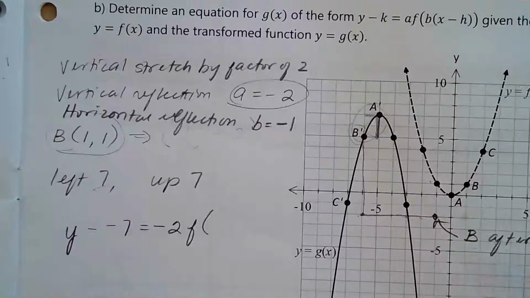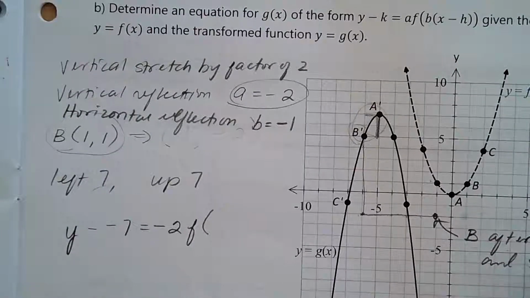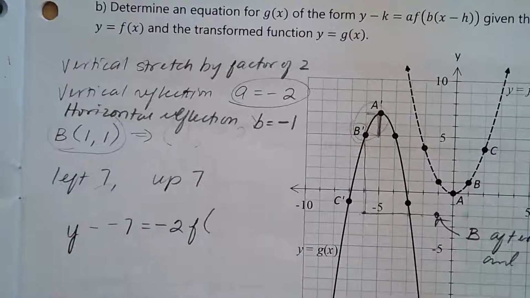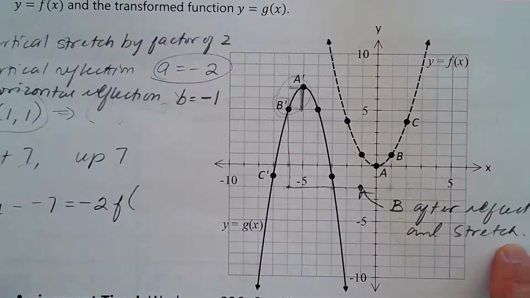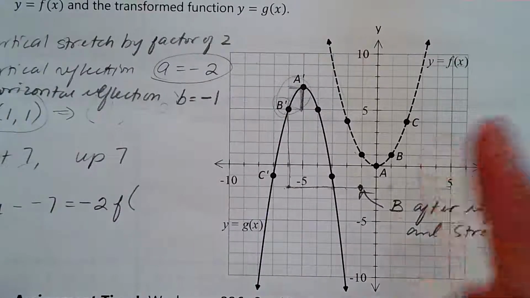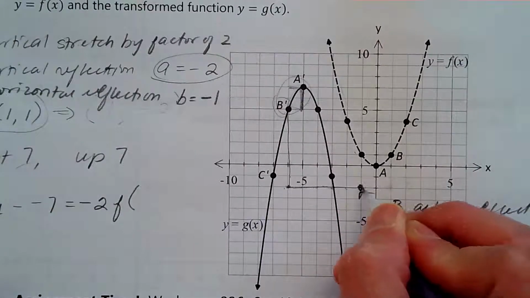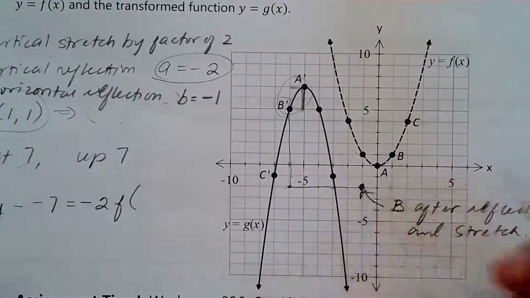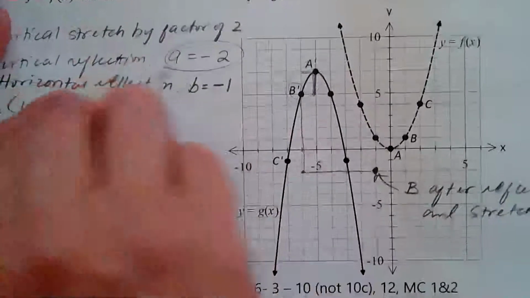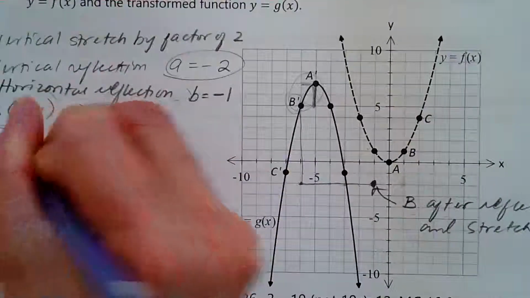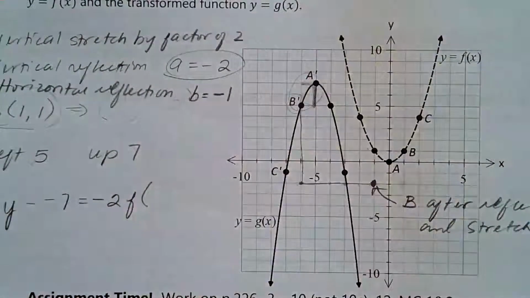Okay, so this is the B after reflection and stretch. So that means the B is right here. So now we're just going to go left 5, still up 7.